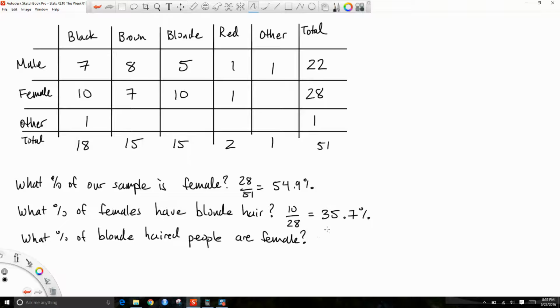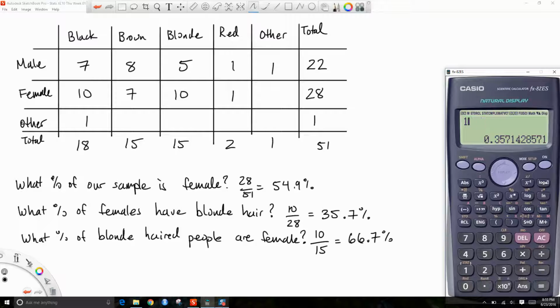There's 15 of them, and of those, 10 are female. So we'd do 10 divided by 15, and we would get 66.7%. Okay, and I'm just assuming you guys are okay with going from decimals to percentages with no problem, right? Okay, we should be.